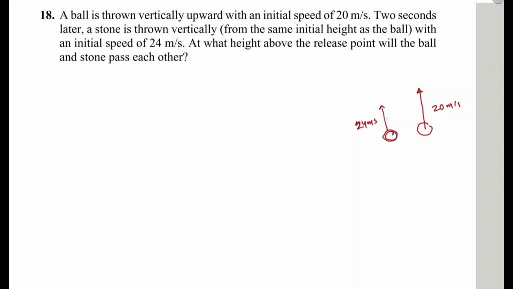The simple answer for this situation is when the ball and the stone both have the same height. So let's calculate the height for the stone and the height for the ball and see. So y for the ball equals v initial t, and remember y initial is actually equal to 0, minus half g t squared, or in other words 20t minus half g t squared. Let's name this equation number 1.